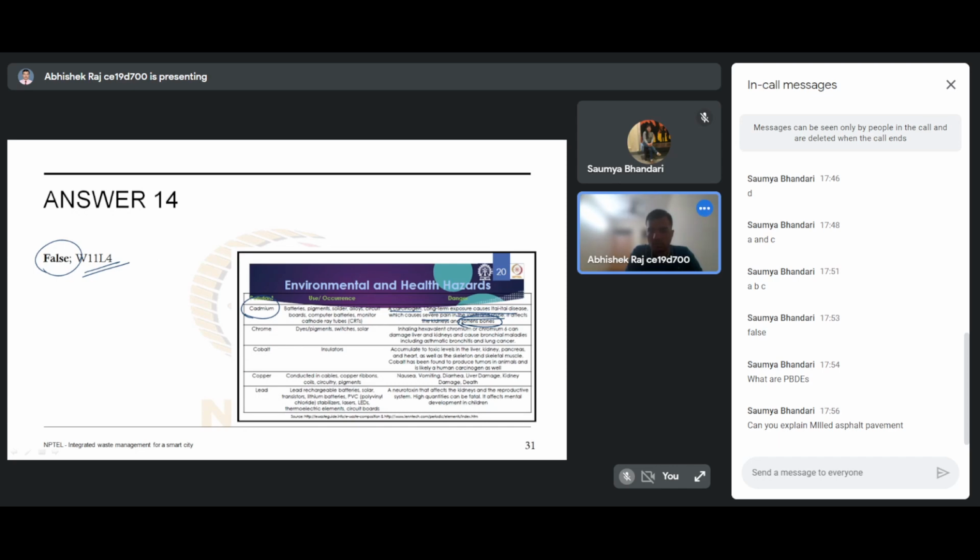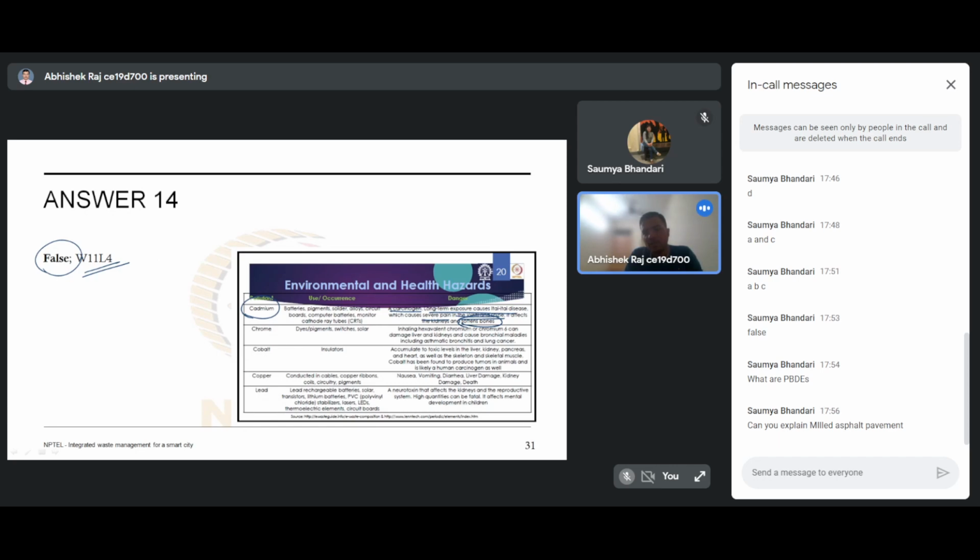So milled asphalt pavement. Basically, we will have the pavement, the bituminous road, the black-topping road that we see. Once it becomes old and we need to make a new road due to damage or whatever the reason, there are companies, I think ACE, JCB, which make a machine.